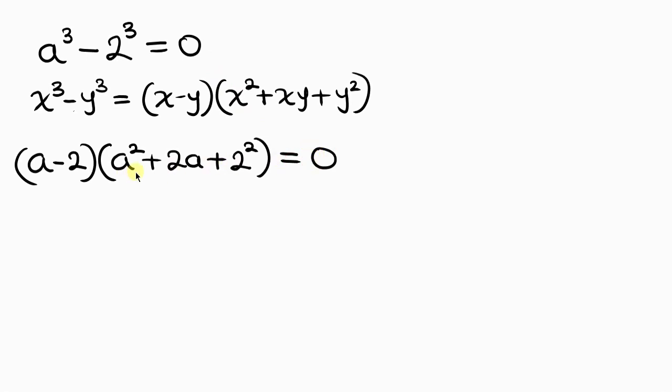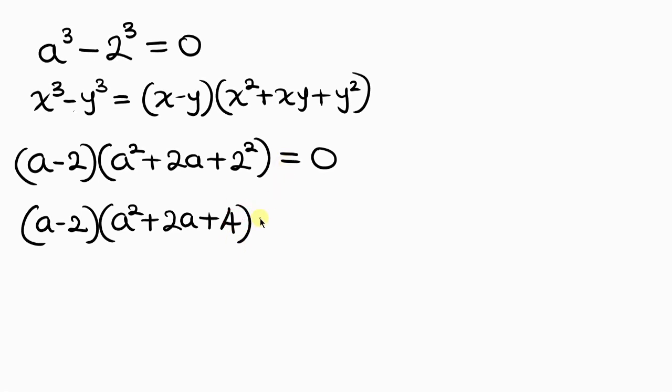Now let's simplify what we have inside of this bracket. So we have a minus 2 times a squared plus 2a plus 2 squared is 4. And this is equal to 0. So we have two cases here. For the first case, a minus 2 is equal to 0.